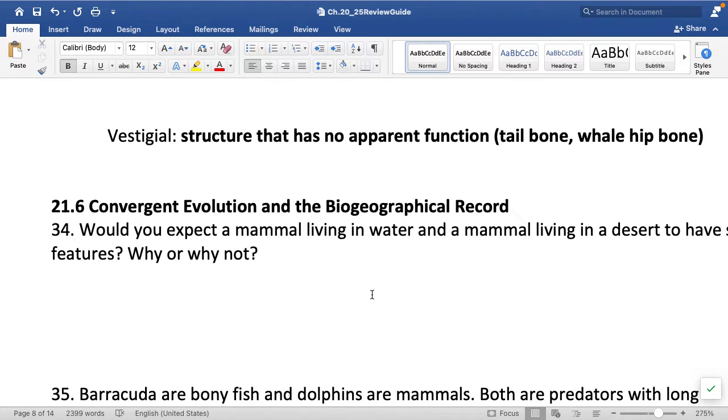Okay, convergent evolution and the biogeographical record. Would you expect a mammal living in water and a mammal living in a desert to have similar features? Why or why not?